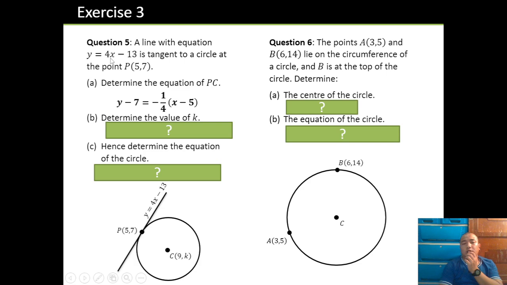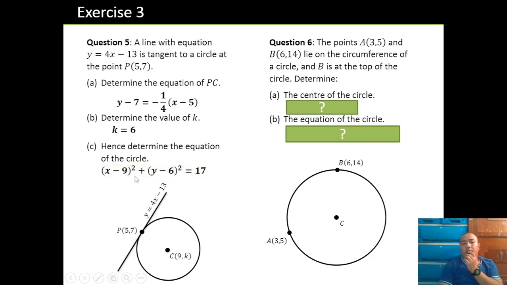Yes, because the tangent line has slope 4, so the slope of the radius is negative 1/4. What's the value of k? k equals 6. Therefore, the center is (9, 6). And the equation is (x minus 9) squared plus (y minus 6) squared equals 17. The square root of 17 is the radius, found by solving the distance between P and C.